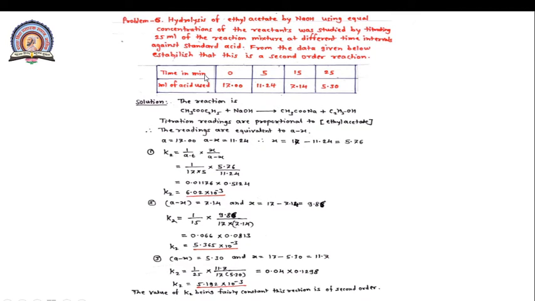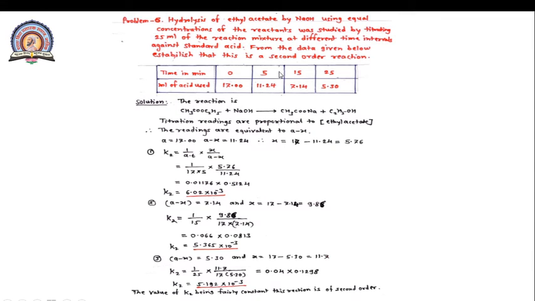Now this data, the first column is time in minutes: 0, 5, 15 and 25. Ml of acid used is 17.00 for 0 minutes, 11.24 for 5 minutes, 7.14 for 15 minutes and 5.30 for 25 minutes. Solve this problem.